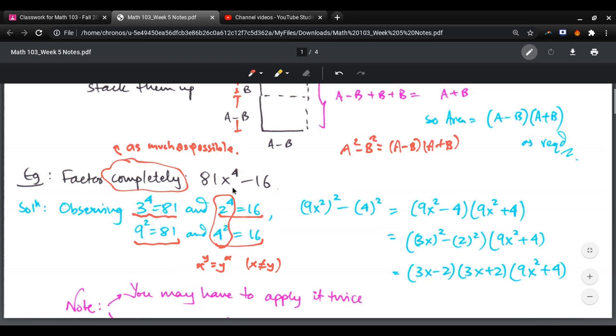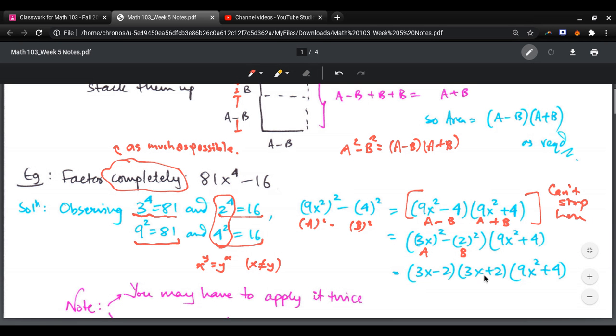Okay, anyway, so I can write 81x to the 4 as 9x squared whole squared minus 4 squared. Now this falls into my pattern of a squared minus b squared, which would become then a minus b and a plus b. So because it says factor completely, you cannot stop here. Because what you observe is, well, there is still a 9x squared, which can be written as 3x whole squared, which is another a squared minus b squared situation.